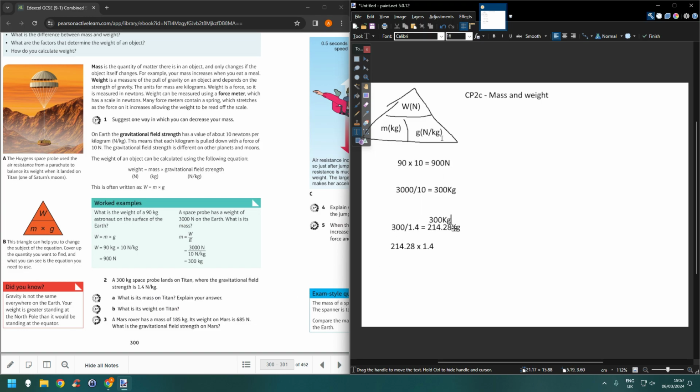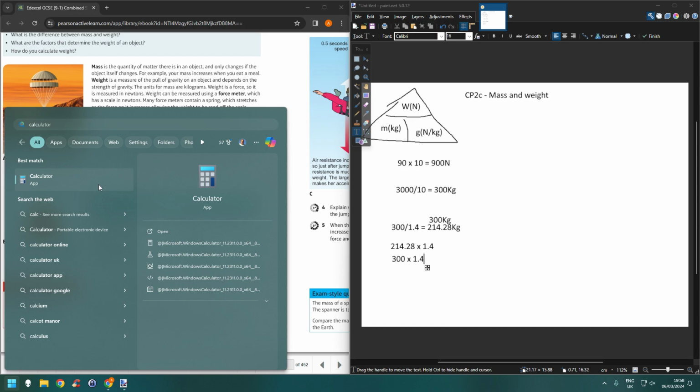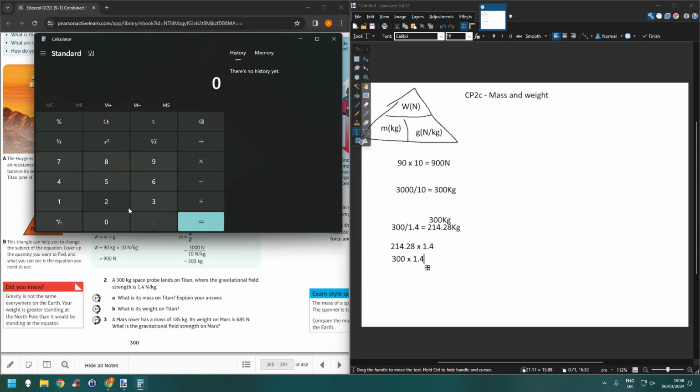Weight equals mass times gravitational field strength, which is still not this. So ignore this again. Mass 300 kilograms multiplied by 1.4. There was no calculator needed for that first question. Then again, open up calculator, and 300 times 1.4, sorry.